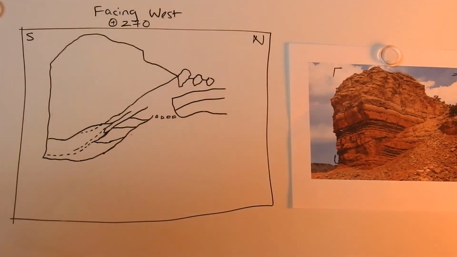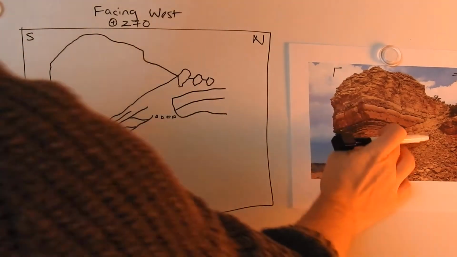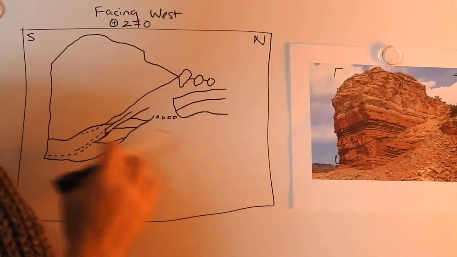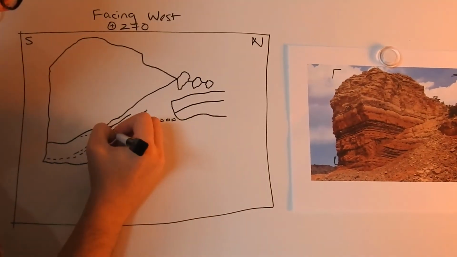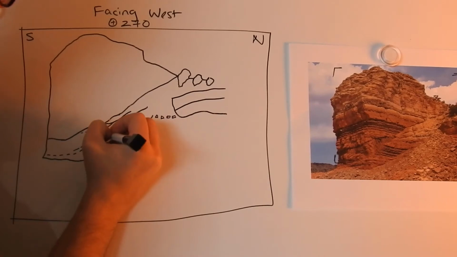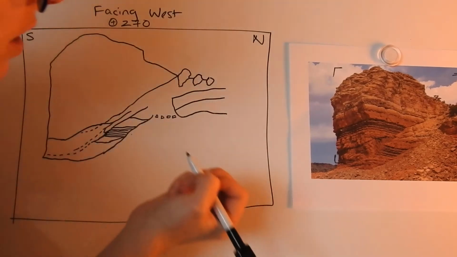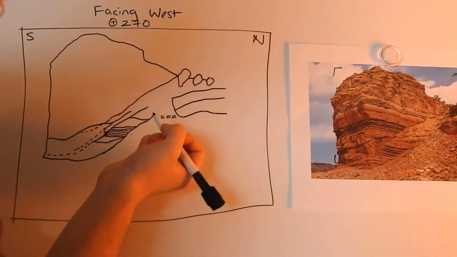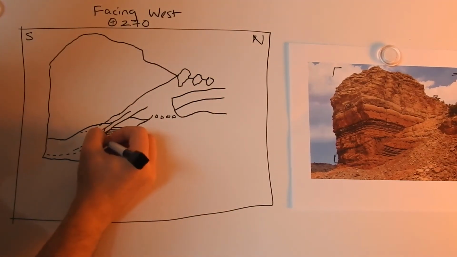Okay, so now I'm going to focus on that striped unit, this one right here. The pattern of that outcrop is these striped lines. Notice I'm not estimating, I'm actually going with the sketch.